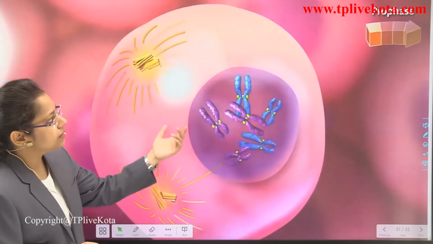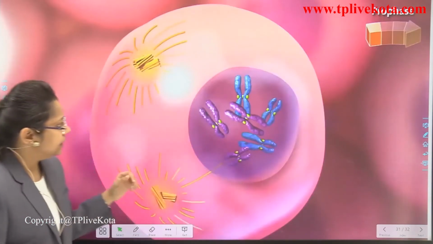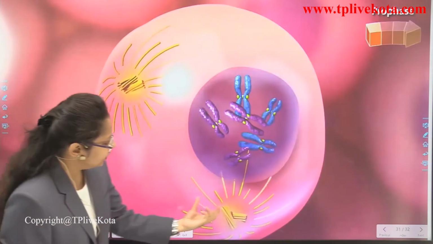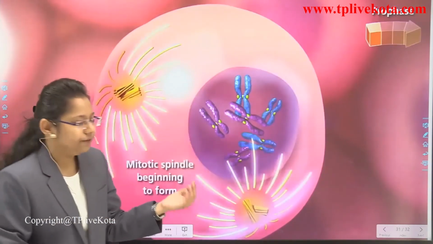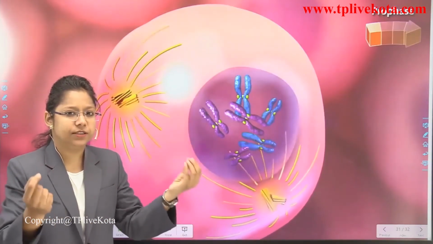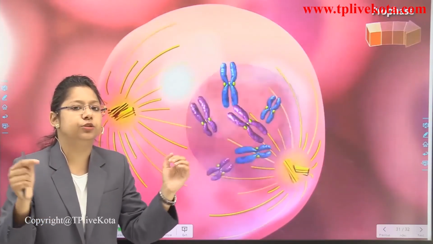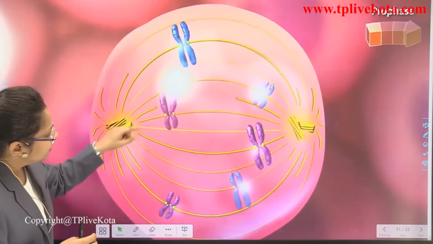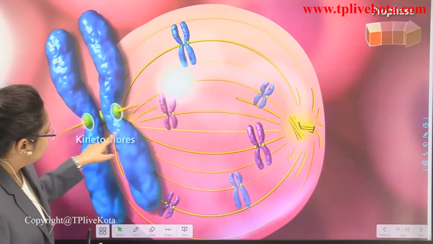Now in this phase the centrosome comes here and starts forming small fibers to get attached to the sister chromatids. Now you can see here these are getting attached.